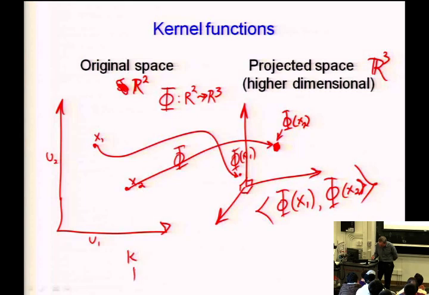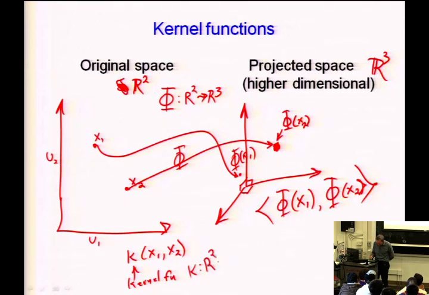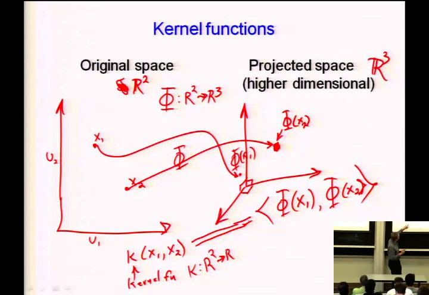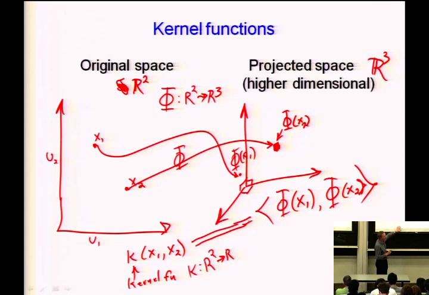I'll call the kernel function K. K of x1 and x2 is a function defined over the original space. In fact, K maps, in this case, R2 to just R. But the thing is that K equals the dot product in the higher dimensional space. So this is the idea of a kernel function.